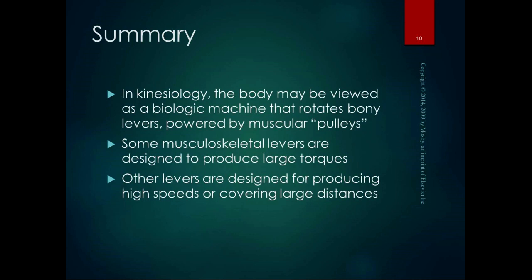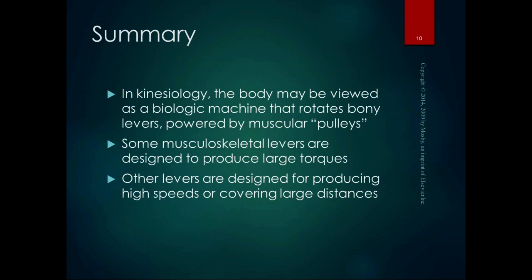A lot of our appendicular skeleton, our large bony levers, are third-class levers because we're trying to reach up and grab something, or step out and take a big step. If you think of things in terms of levers and pulleys, sometimes it simplifies that biomechanical motion and makes it easier to understand.